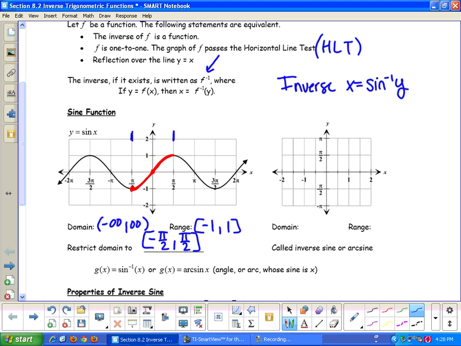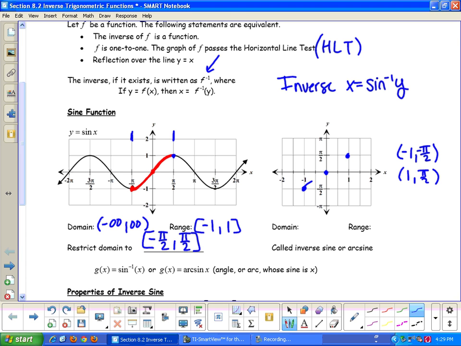For my graph of sine, I have the point pi over 2, negative 1. Over here, I'm going to have the point negative 1, negative pi over 2, because I'm switching them. That would be right here. If I do the point 0, 0 and switch it, it stays 0, 0. Then for this point up here, I have pi over 2, 1, which is going to become 1 comma pi over 2.